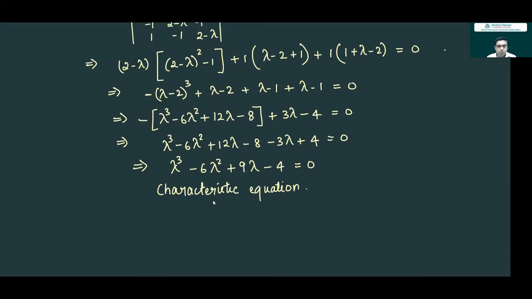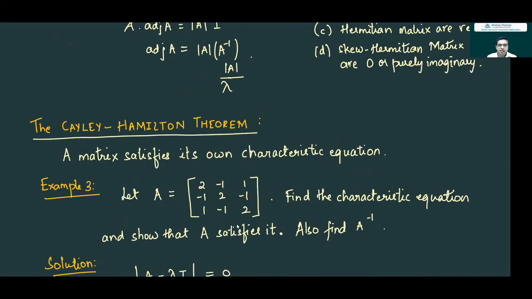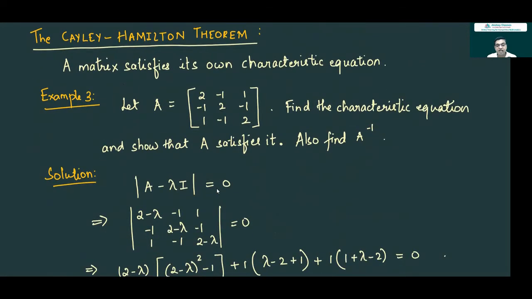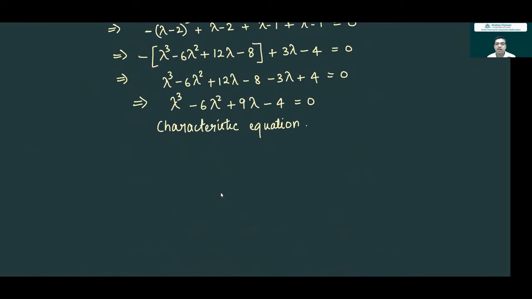Now we have to show that this A satisfies this equation. That means instead of lambda, if you write A, then this should be satisfied. So only thing is here, instead of 4, you should get 4I. Okay.